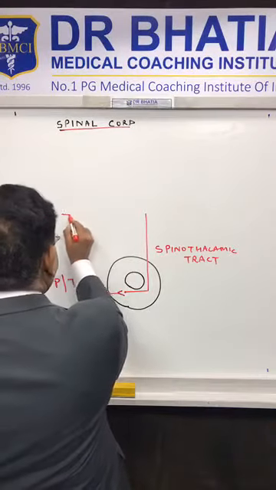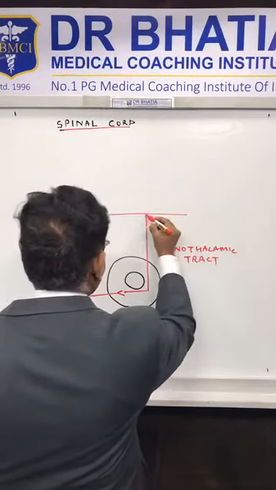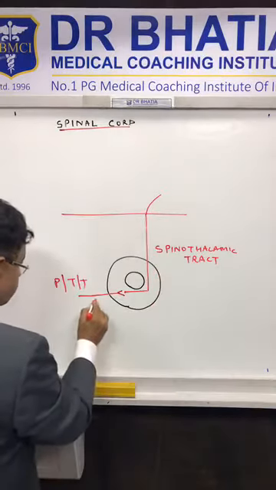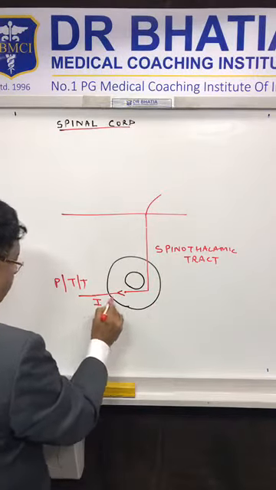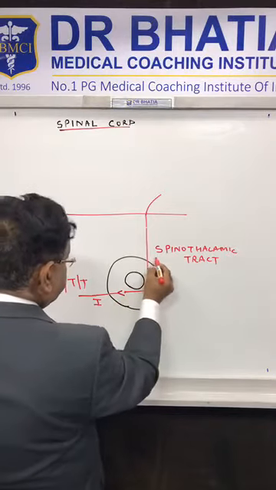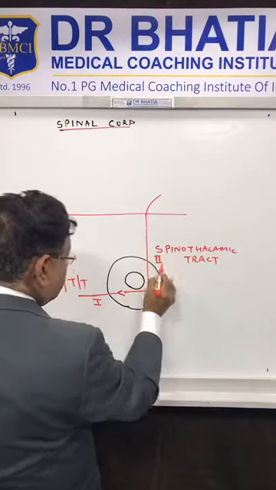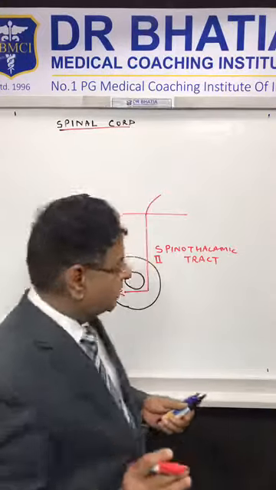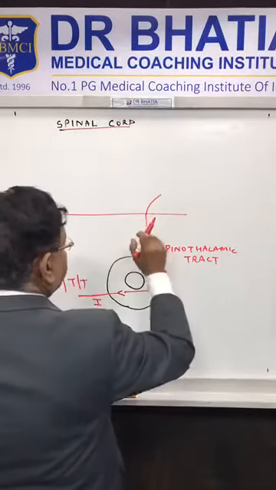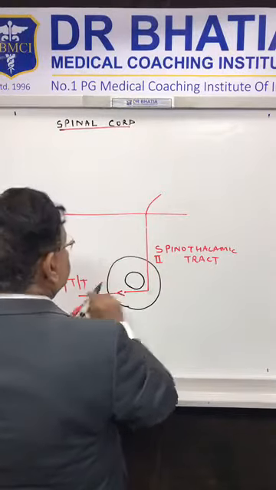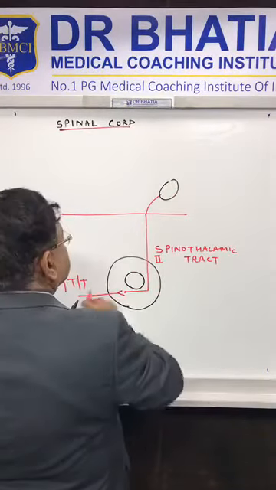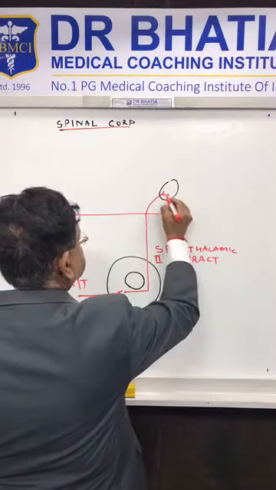Now they travel upward, and in the brain they continue. Please note, this is the first order neuron. Second order neuron, the spinothalamic tract, are second order neurons. They continue traveling upward and go to the thalamus and they relay in the thalamus.